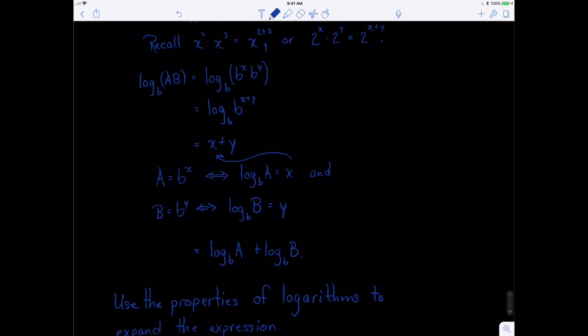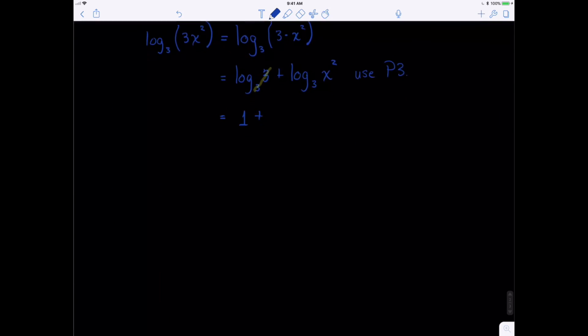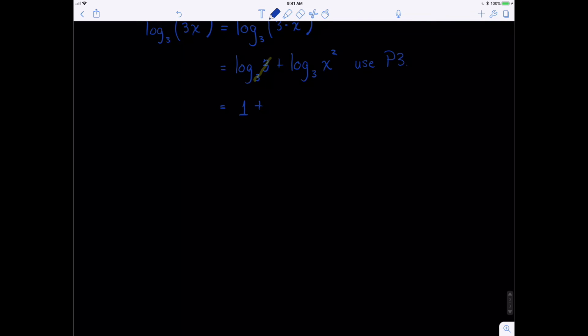So let's do that. Now the second piece becomes 2 times the log base 3 of x. And that's your answer: 1 plus 2 log base 3 of x. You usually don't write the times sign.